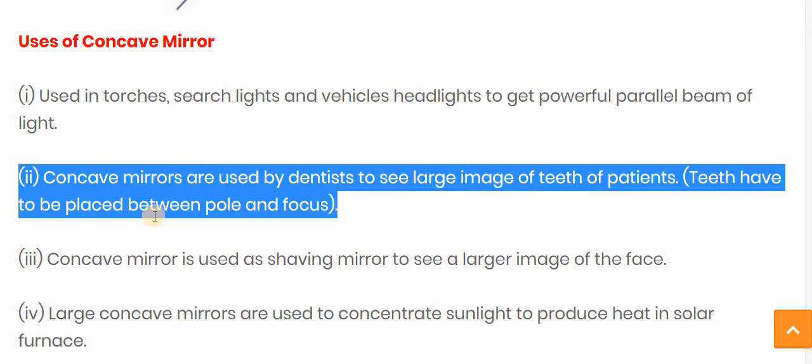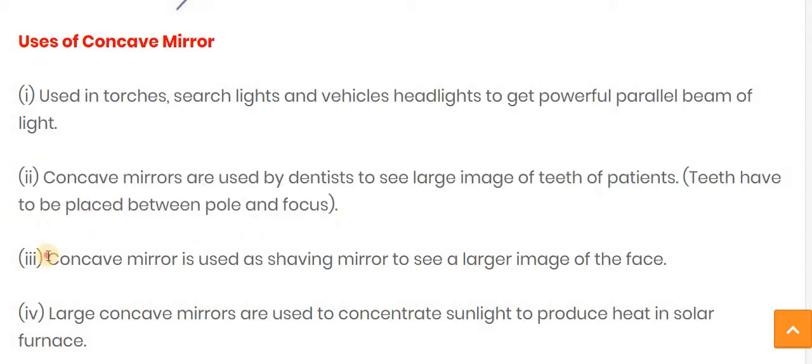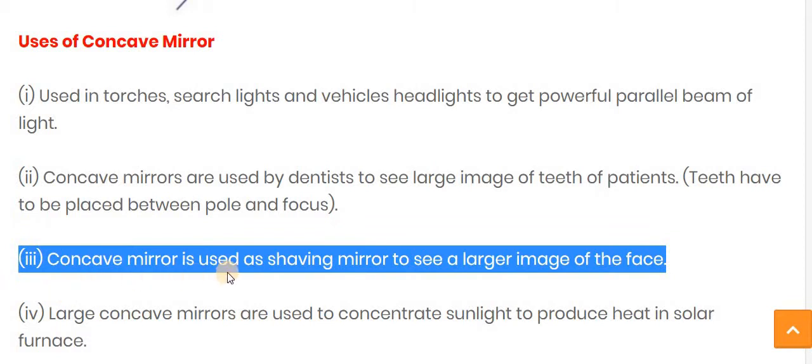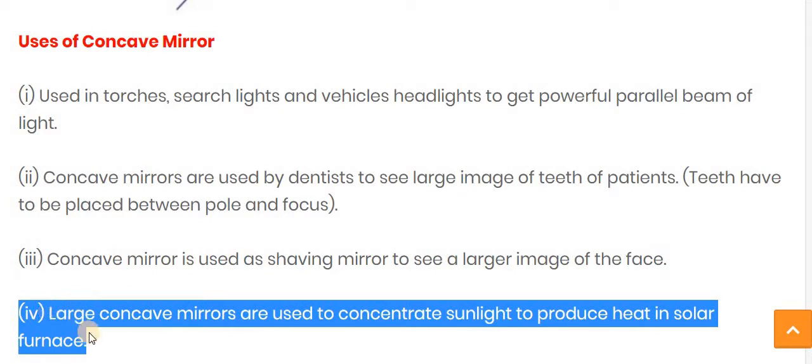Teeth have to be placed between the pole and the focus. Third, a concave mirror is used as a shaving mirror to see a larger image of the face. The fourth, large concave mirrors are used to concentrate the sunlight to produce heat in the solar furnace.